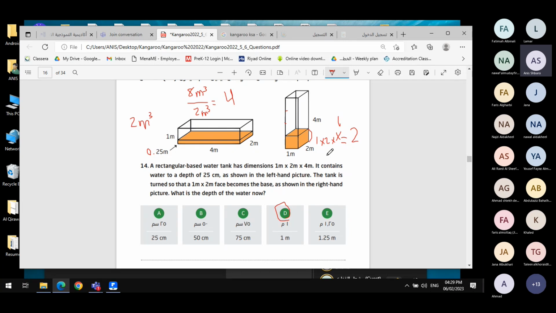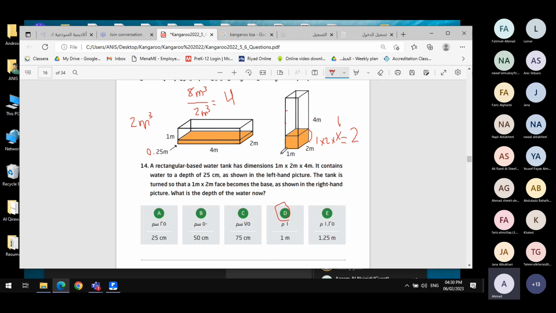Now, who has questions on this question? Teacher, how did you make the 2 turn into 1 meter?